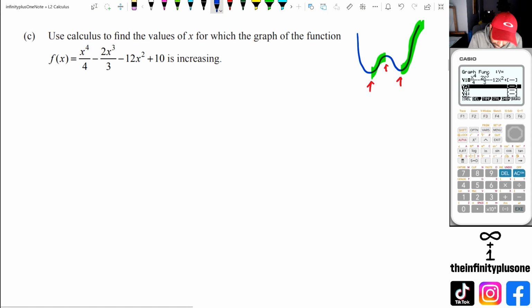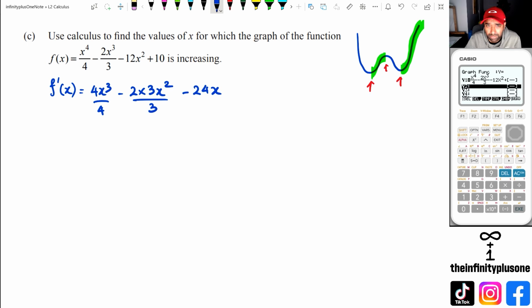So I'm going to do that by differentiating here. I'm going to get 4x cubed over 4 minus 2 times 3x squared over 3 minus 24x plus 10 becomes 0. Now simplifying this, I've got f dash of x is equal to x cubed minus 2x squared minus 24x.